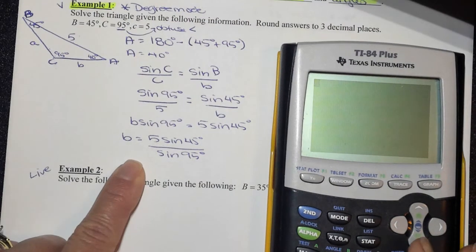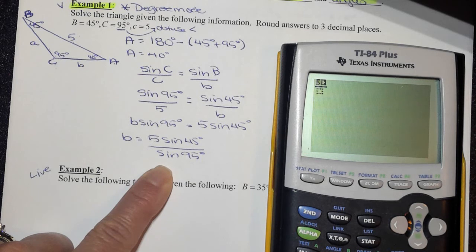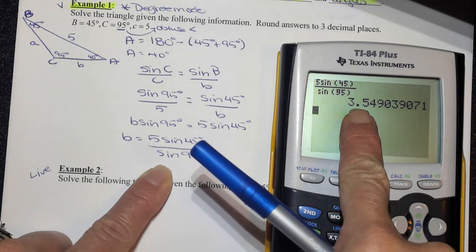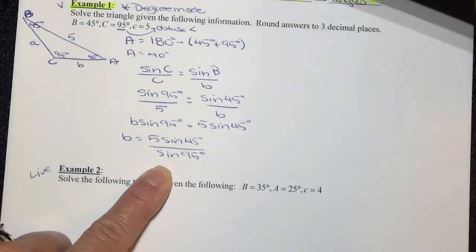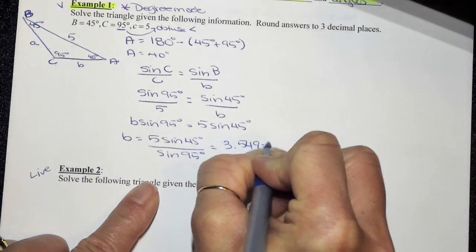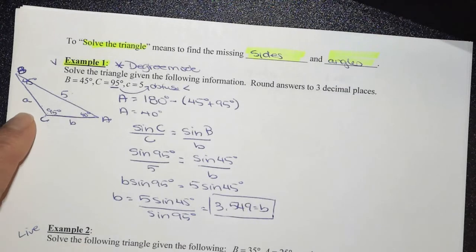So here we'll do it in the calculator. 5 sine of 45 divided by the sine of 95. To 3 decimal places, because that's what we wanted, this is 3.549. So that's side B.